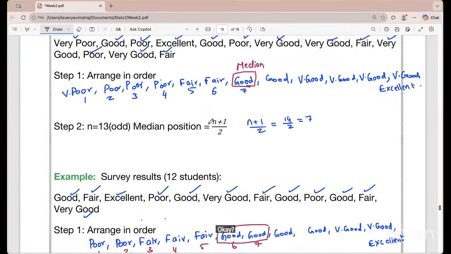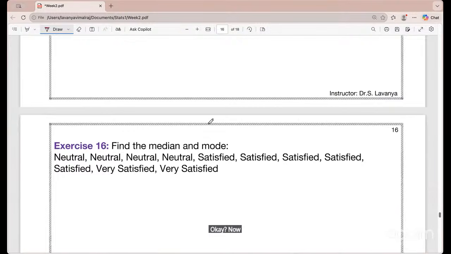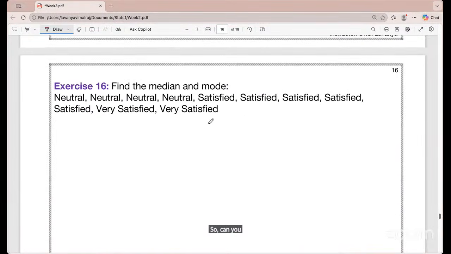All right. Now, one last exercise. Can you all do this exercise now? Find the median and mode. Yes, ma'am. Ma'am, what are the topics left to cover for today's session?